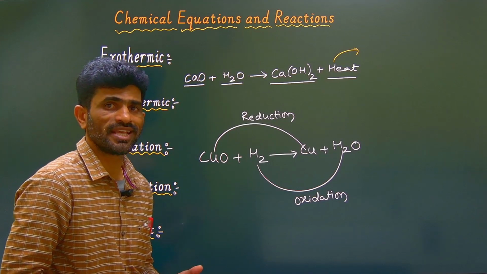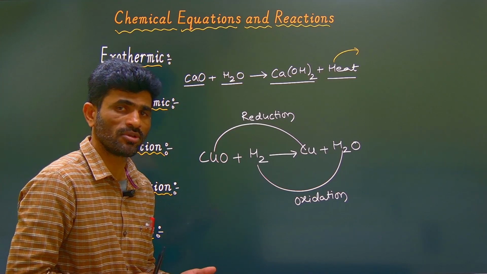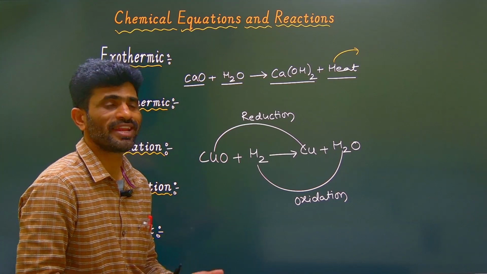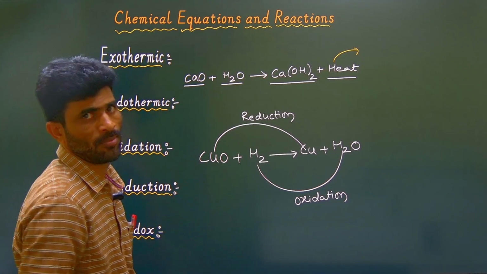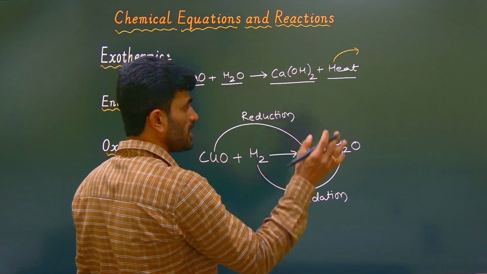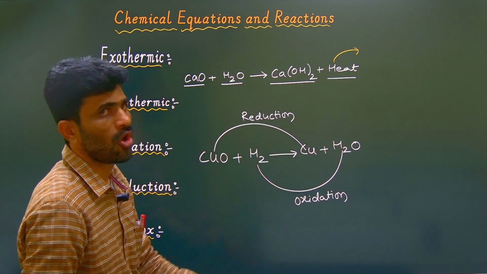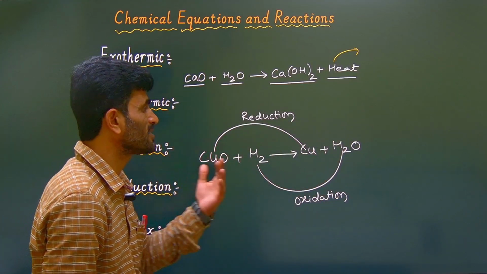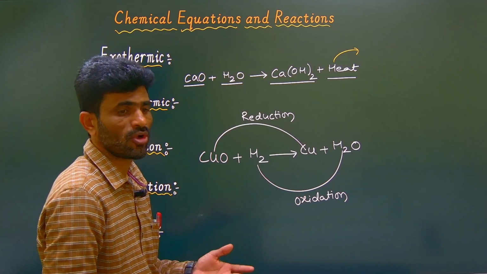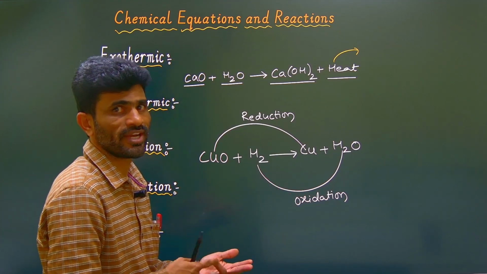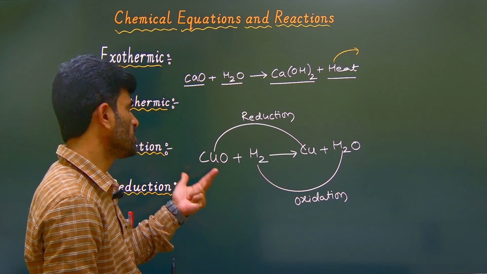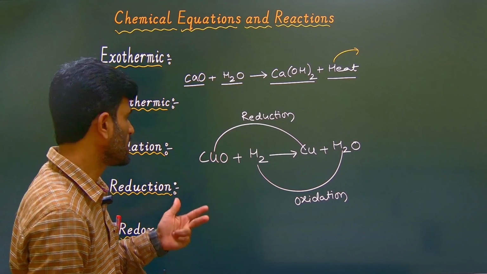The substance which got oxidized and the substance which got reduced, both will be on the reactant side only, not on the product side. So in multiple choice questions, they will give you options. You should not select product side options, because the oxidized substance or reduced substance will both be on the left side, the reactant side only.